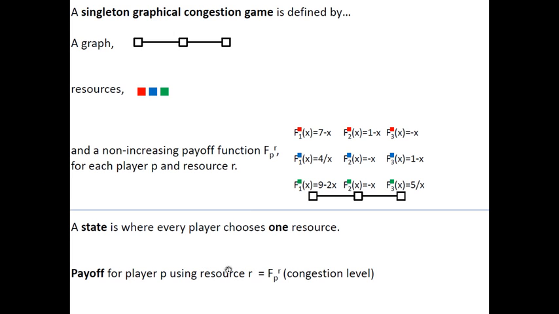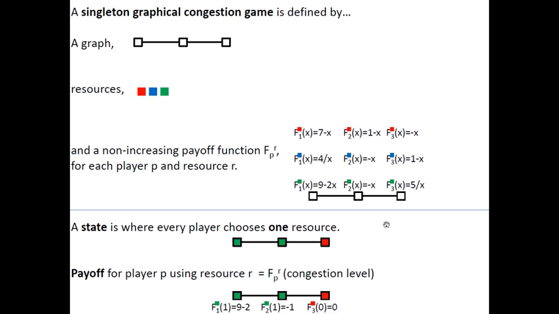And the payoff that a player P gets for using a resource R is just given by the appropriate payoff function, FPR, of the congestion level of that player. So the payoff that they get depends on who they are, which resource they're using, and how congested that resource is, i.e. how many neighbours they have who are using that same resource.